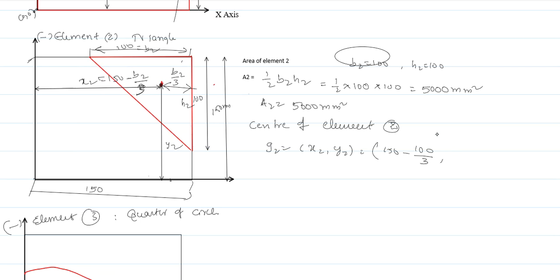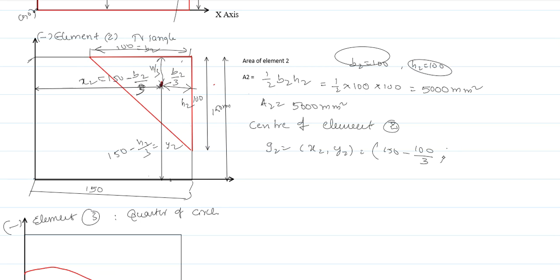So now similarly, I want to find y2. The total height is 150 mm. From 150 mm you must subtract this value, which is h by 3. So to get y2 you must subtract h by 3 from 150 mm. Then only you will get this height. See, this is the total height 150, and from this I am going to subtract h by 3, that is h2 by 3. So h2 is nothing but 100.